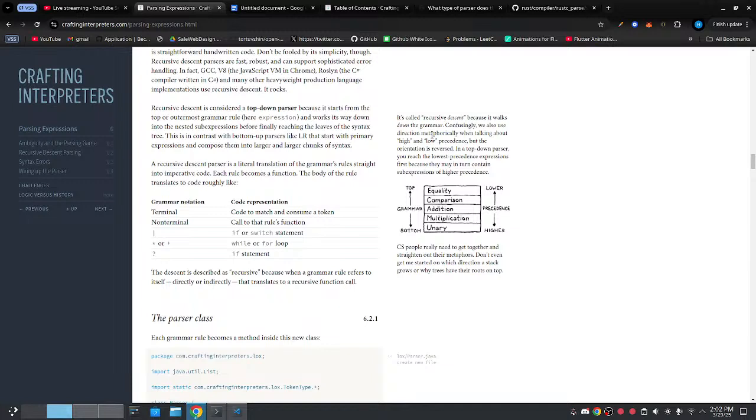Top of the grammar and bottom. Unary is the higher precedence, right? In a top-down parser, you reach the lowest precedence expression first because it may in turn contain an expression of higher precedence.